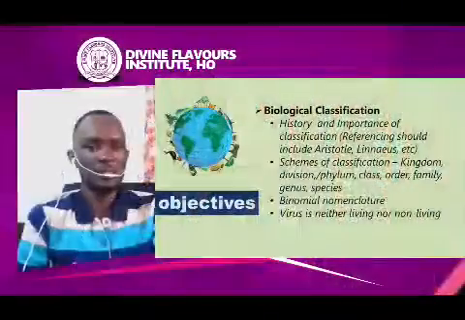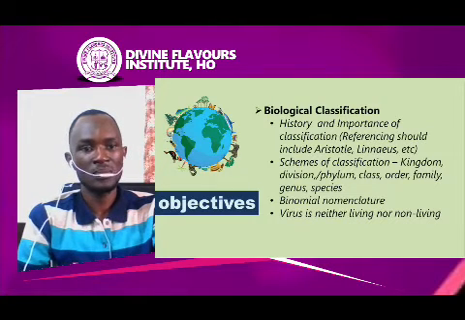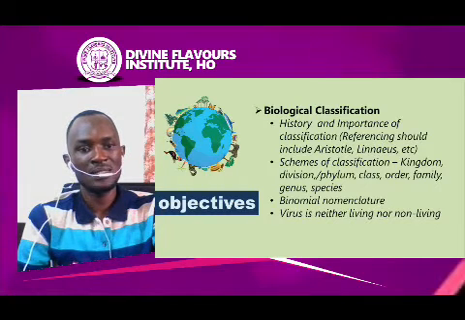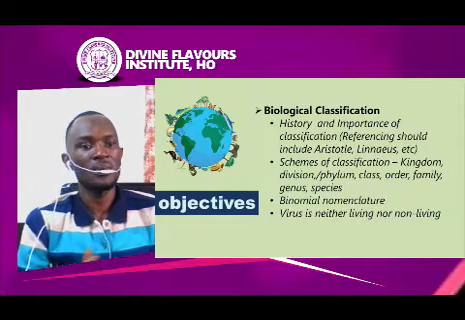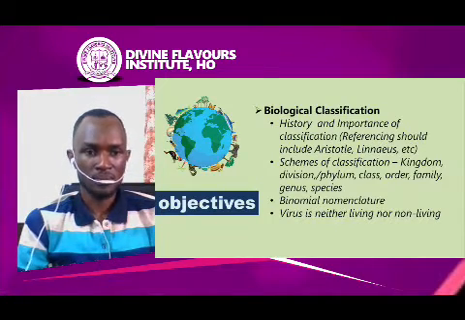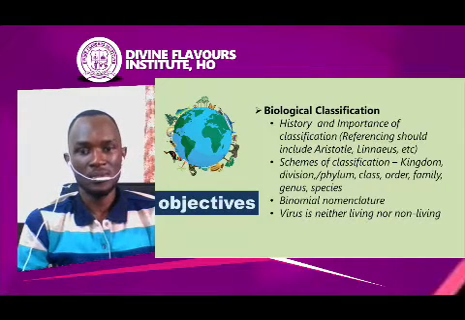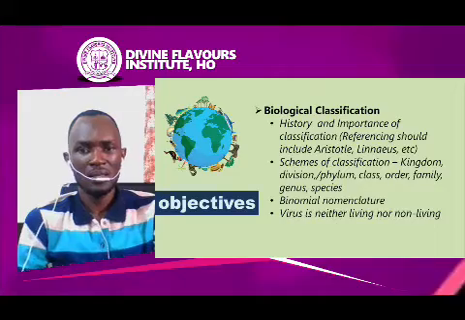We mentioned that by the end of the lesson on biological classification, we should be able to understand the definition of biological classification, the history and the importance of classification. We're able to understand the contributions of Aristotle, John Ray, as well as Linnaeus.